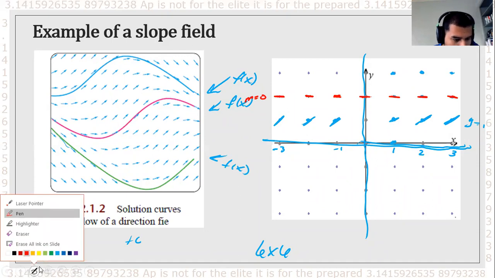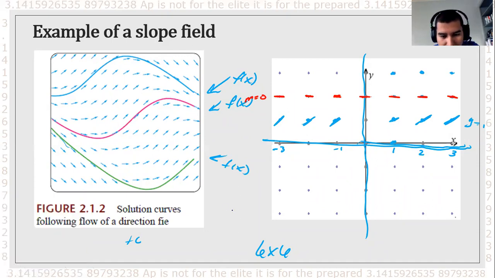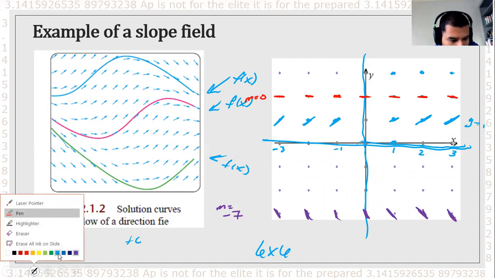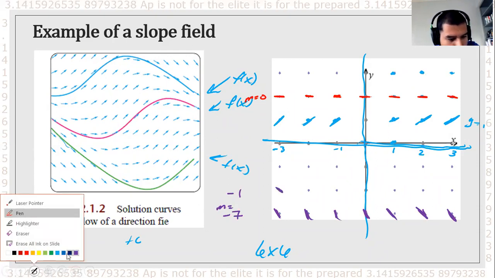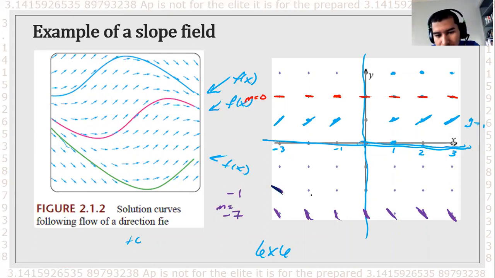If the slope was negative, I don't know, -7, it would be down. So very steep down, right? Like -7, versus something that has a slope of, I don't know, -1, would be not as steep, right?